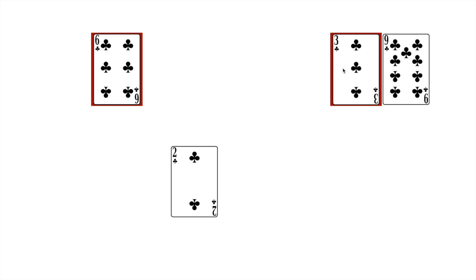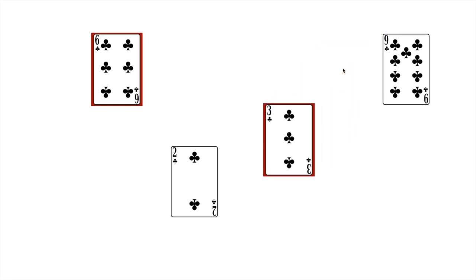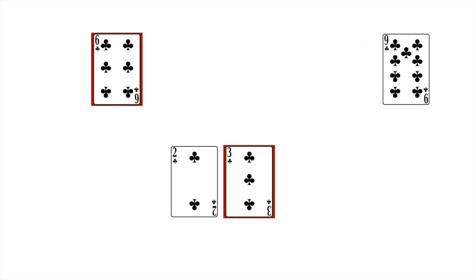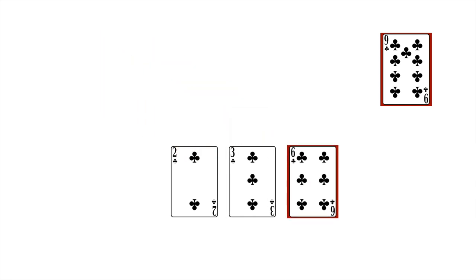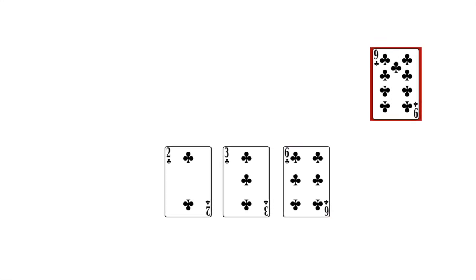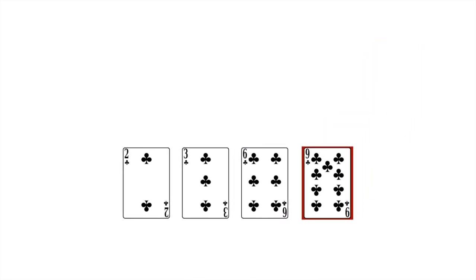So 6 is compared with 3 and again the smaller card is picked up. Now since 3 is picked up, the next card is the current card which is 9 in the second group, and 6 is compared with 9 and the smaller card is picked up again. And now only 9 is remaining, so we pick that up and append it to our sorted card list.